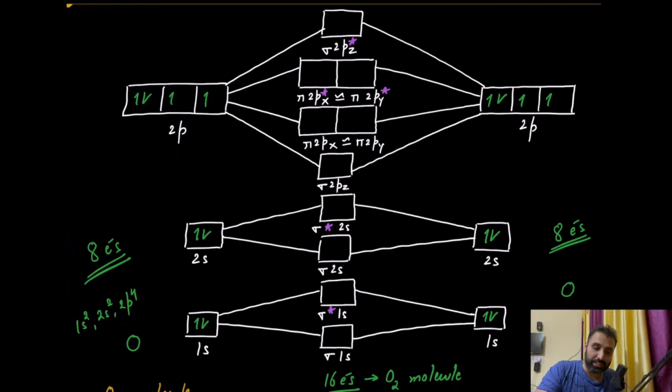The Aufbau rule states that electrons will get filled in the molecular orbital with lesser energy first, and then in the molecular orbitals with higher energies, and so on.